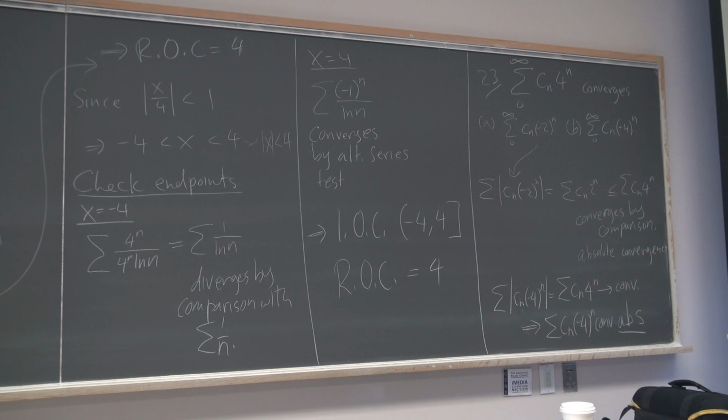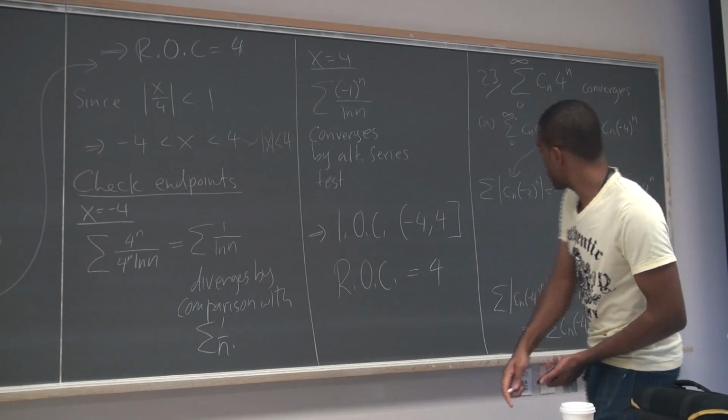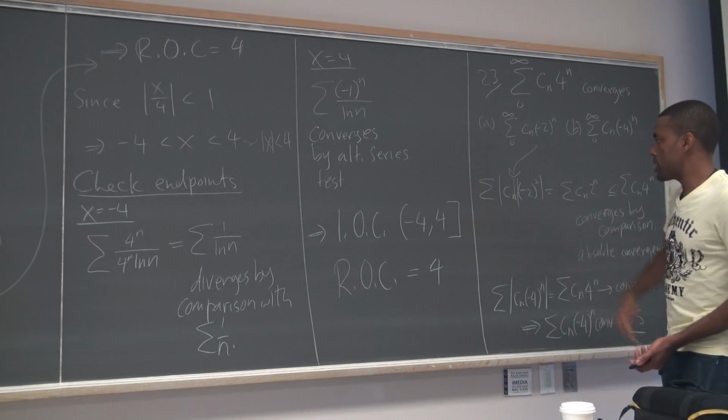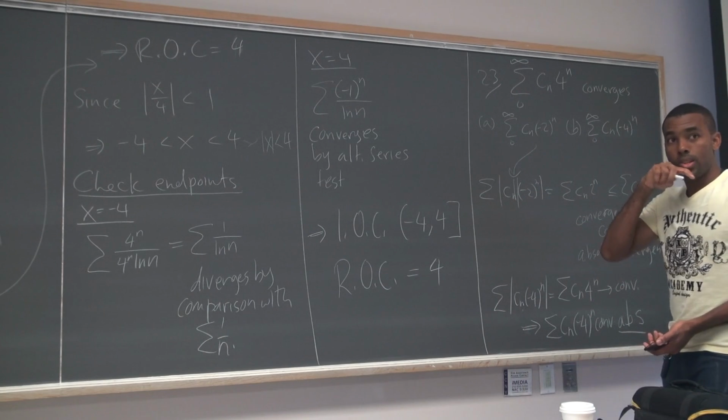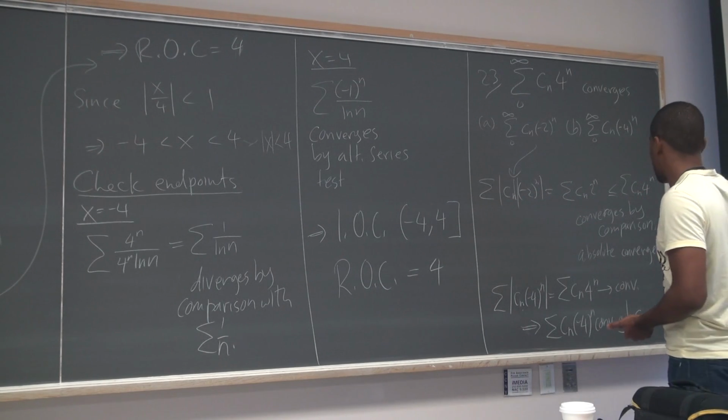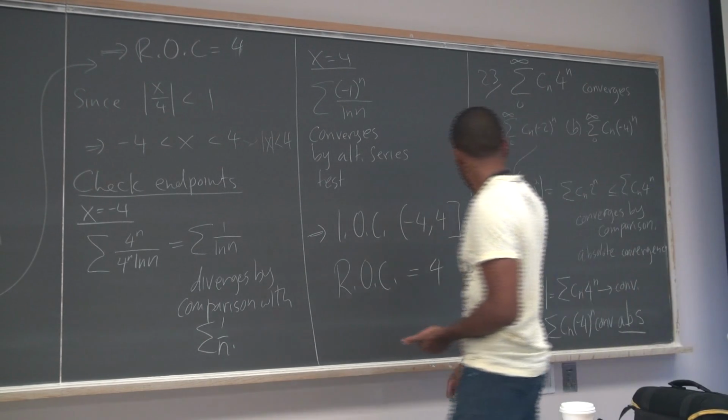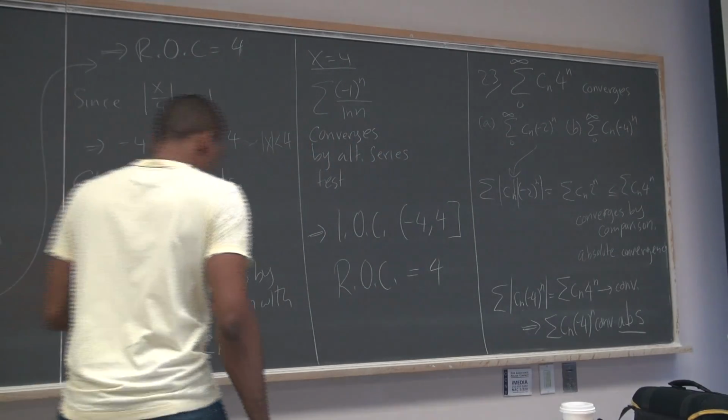Our Cn, we don't know if that's positive or negative, so that will be an issue. Technically, we have to worry about the sign of Cn, because that could actually change things.